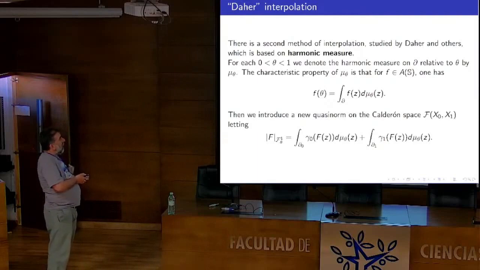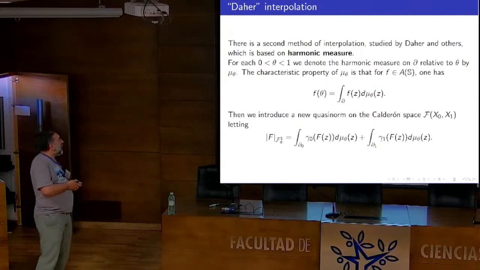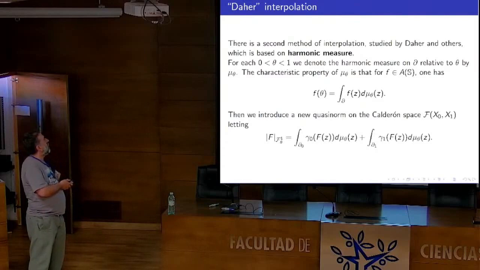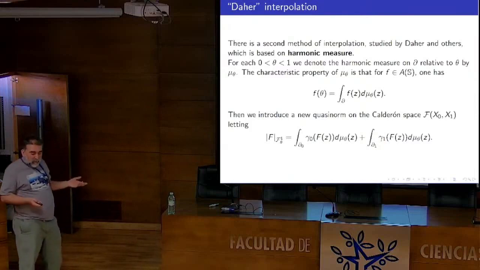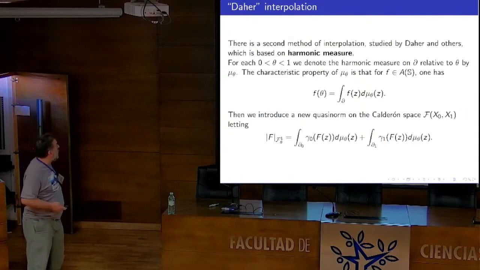If you take a function in the strip algebra, that is a continuous bounded function up to the boundary, which is analytic on the interior, then you can recover the value of f at theta just by integrating over the boundary with respect to harmonic measure. We are not really interested in which one is the harmonic measure, but only in its existence.